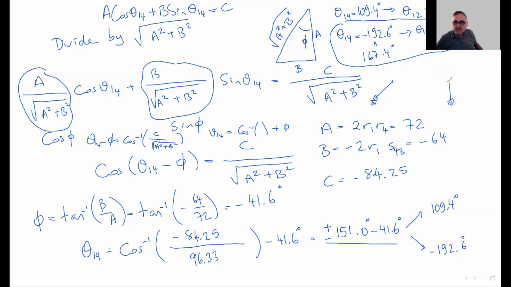Suppose this is 90 degrees, and then this is another solution, supposedly. Okay, this is theta 1,2. This is theta 1,4, and which distance?